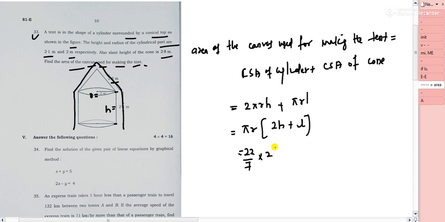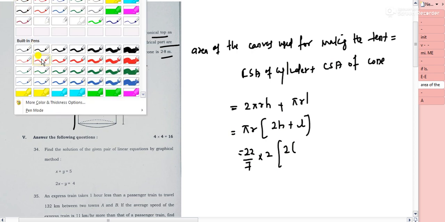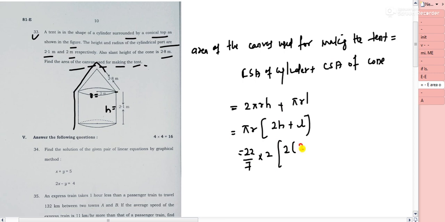They have given it as 2. 2h. What is h? It is height of cylinder. How much is that? Let me erase them. It is 2.1. Okay. So this is 2.1 plus, what is slant height? 2.8.